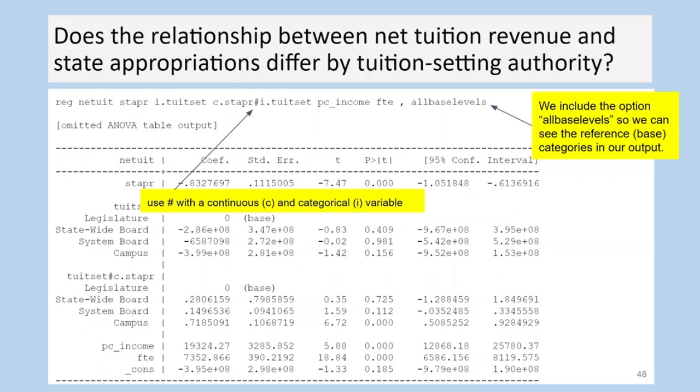So you would say there is a positive interaction. The indirect effect is the campus receiving more funding compared to the legislature as tuition granting authority, that's net tuition revenue, when you interacted with state appropriations.